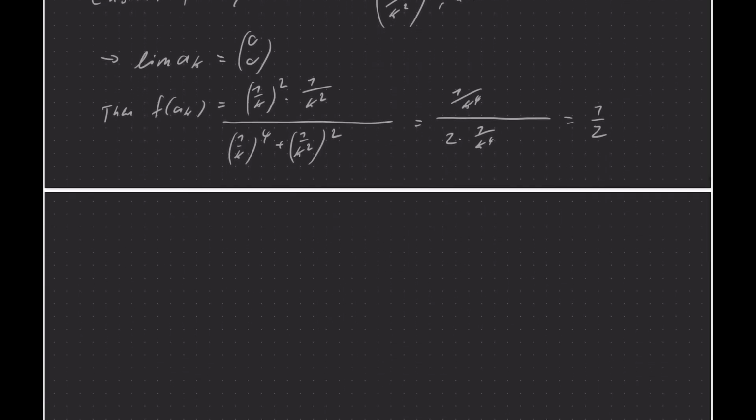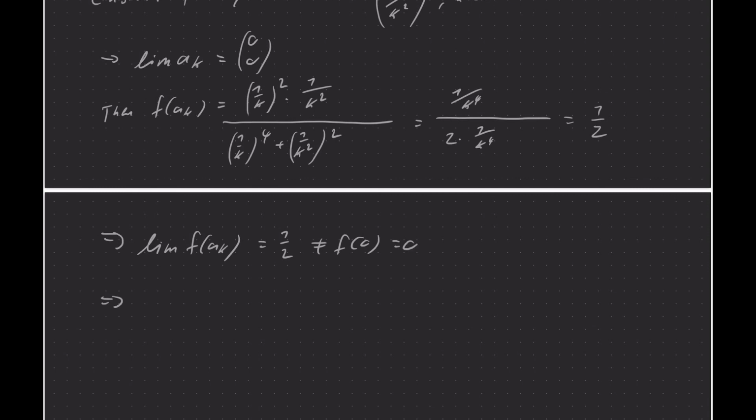Okay, so f is constant along that sequence a_k. And of course that means the limit is also going to be 1 over 2. So the limit of f of a_k is 1 over 2. And that is not the same as the function value at 0, which is 0.